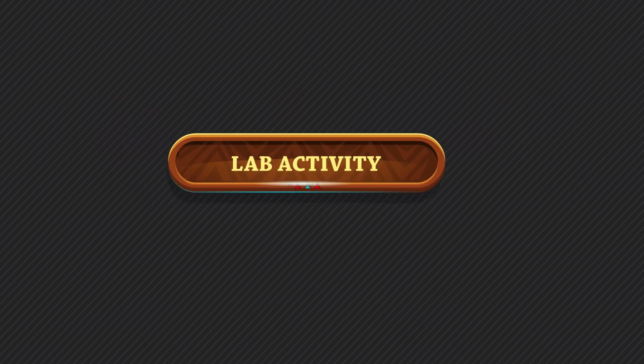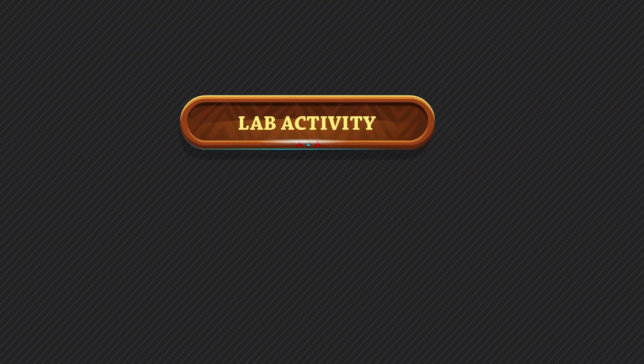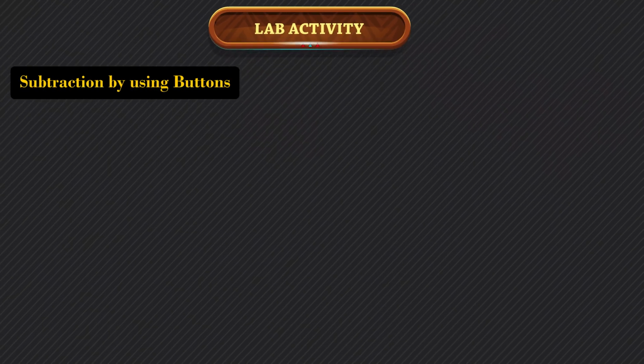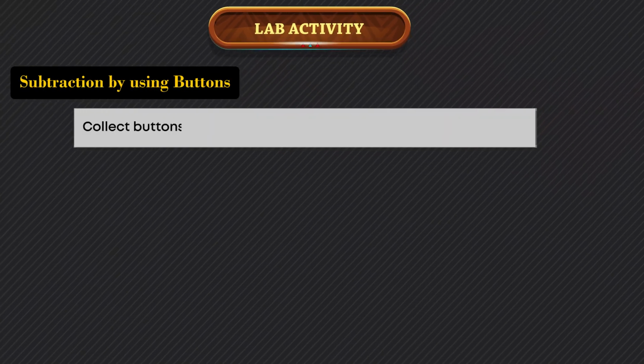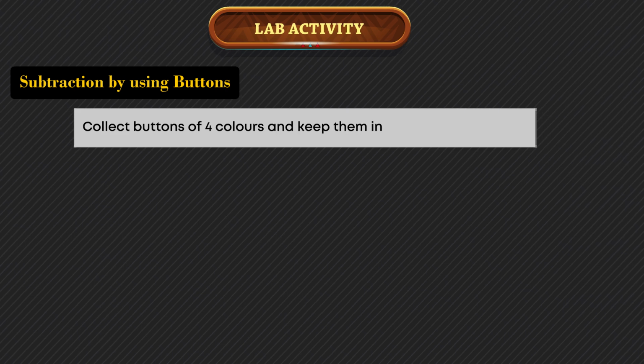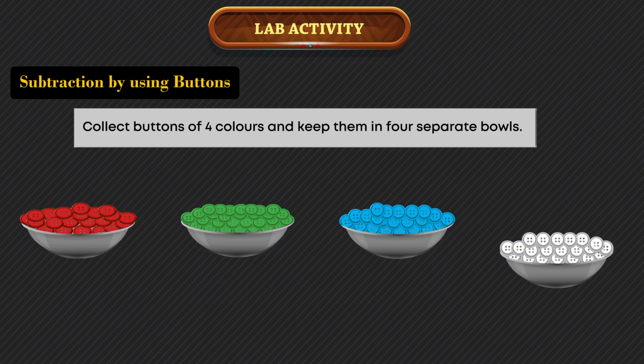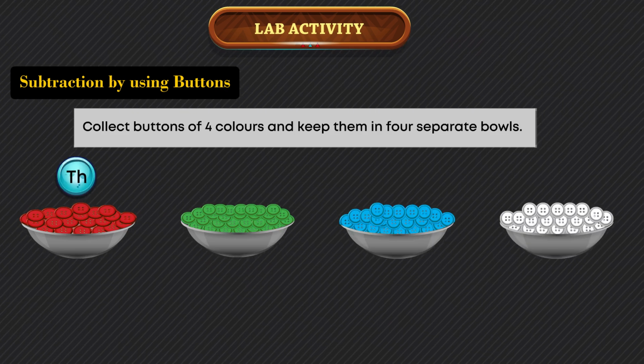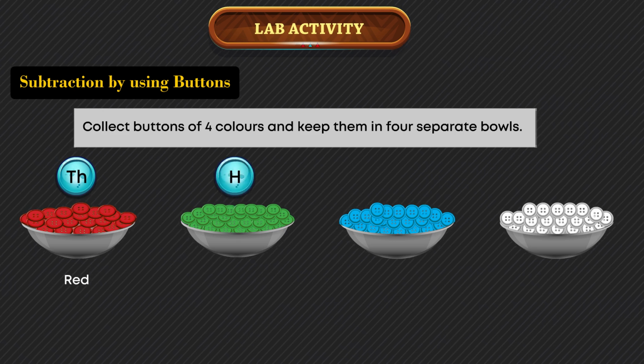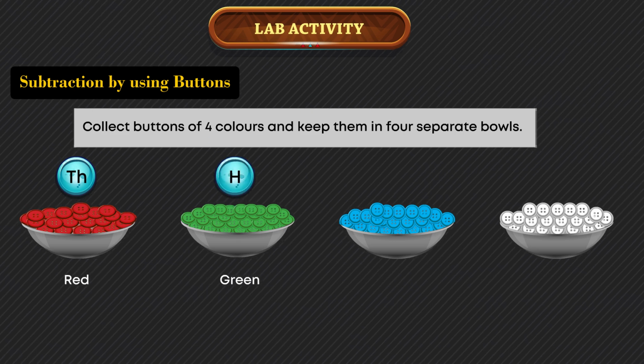Lab activity. Subtraction by using buttons. Collect buttons of 4 colors and keep them in 4 separate bowls. Thousands, red. Hundreds, green.